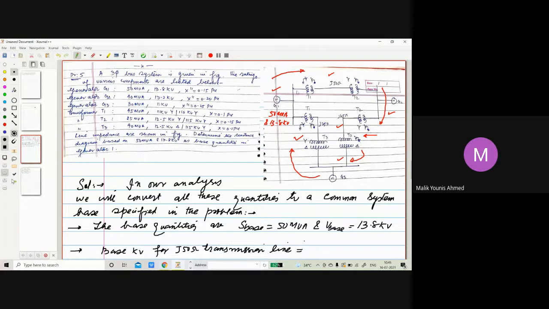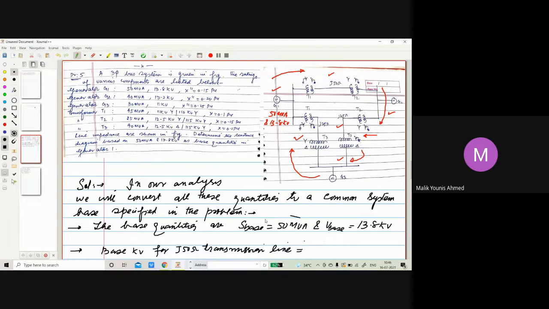The input side of the transformer should match. It's not exactly matching, but it's near the base value of 13.8 kV that we are considering, so it is approximately equal to 11 kV in transformer T1. So this side has to be 11 kV and the other side 110 kV. Both are star-star connections.